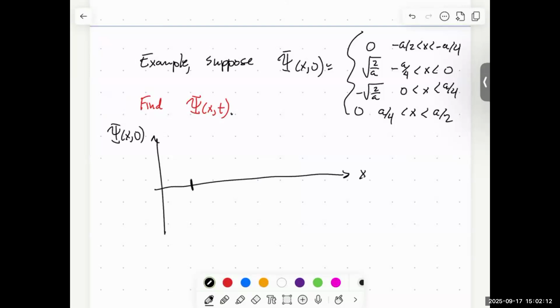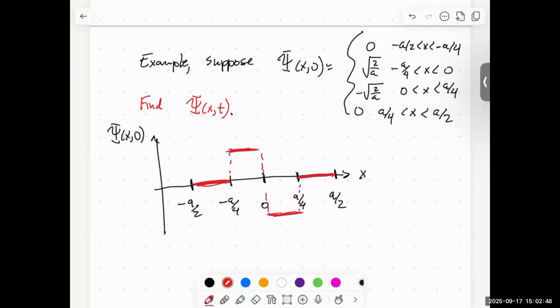I'll put in minus a by 2 here, minus a by 4, this is 0, a by 4, and this is a by 2. So it's going to be 0 here and here. And then it's going to be a positive constant here, and it'll be a negative constant here. So that's our initial wave function.